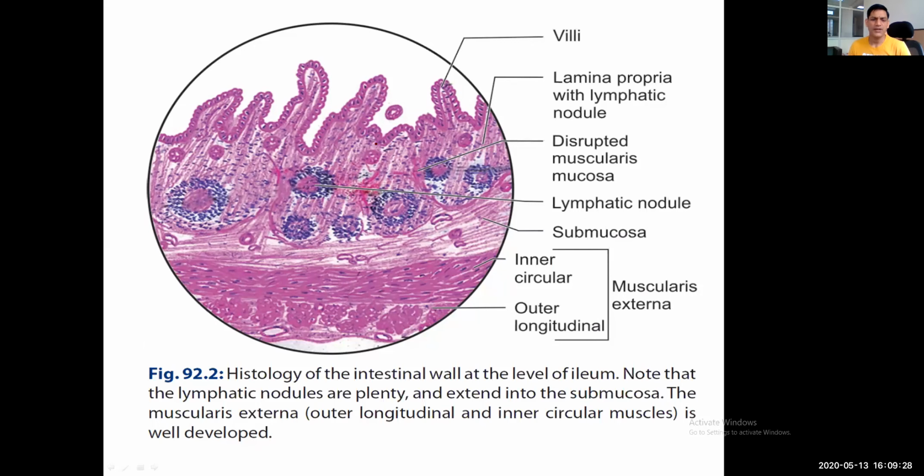Villi are more in the small intestine: lamina propria, villi, lamina propria, and the inner circular layer and outer longitudinal muscle layers are well developed in the externa for the main purpose of propulsive and mixing, or we can say segmental movement.